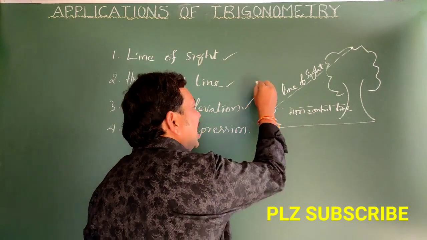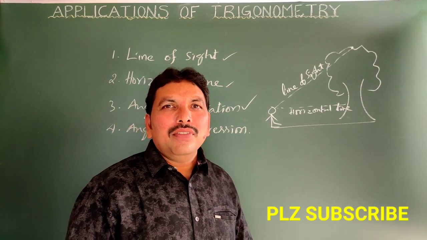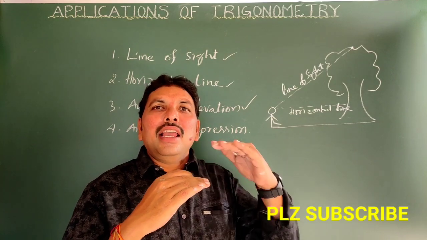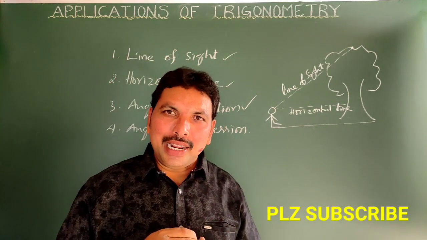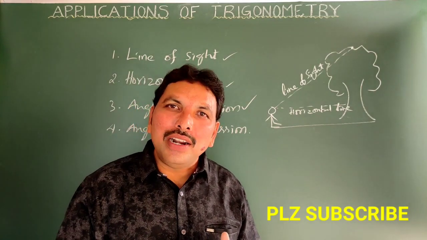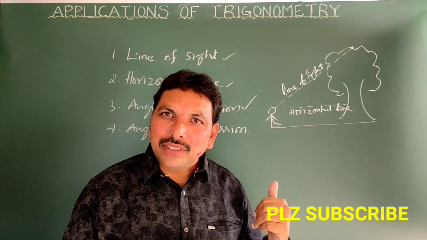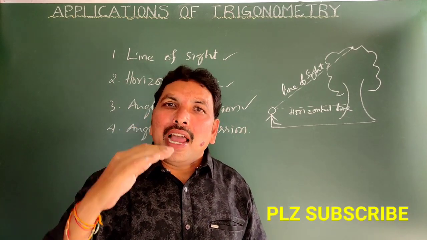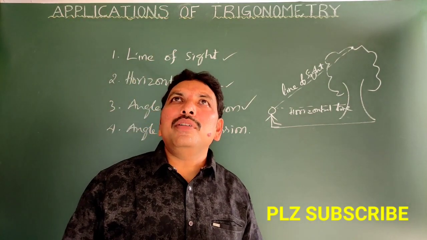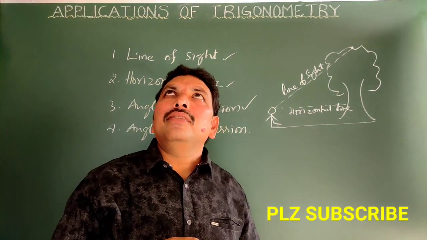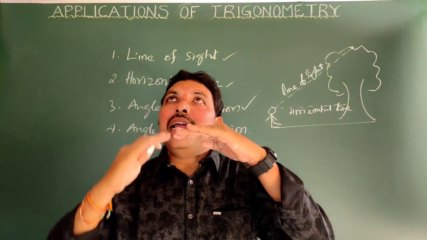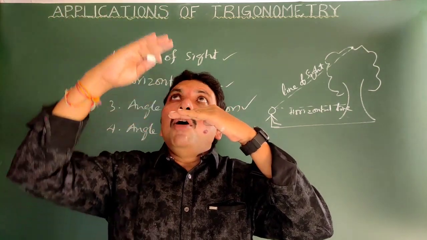What is an angle of elevation? Look here. If a line of sight is above the horizontal line, then the angle between the line of sight and the horizontal line is called angle of elevation. Suppose I am observing a point there, so my line of sight will be above the horizontal level.